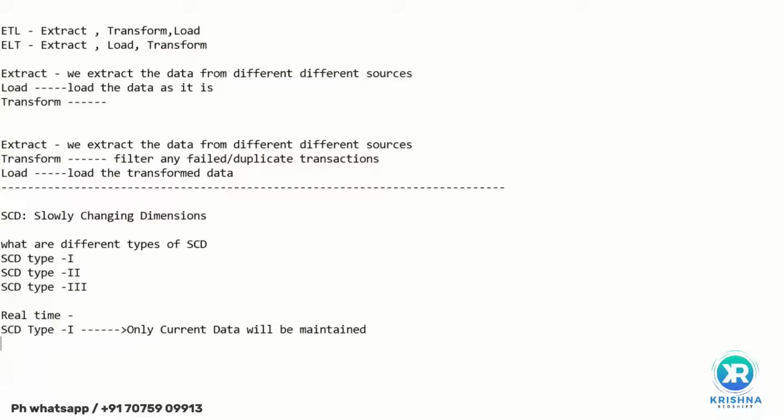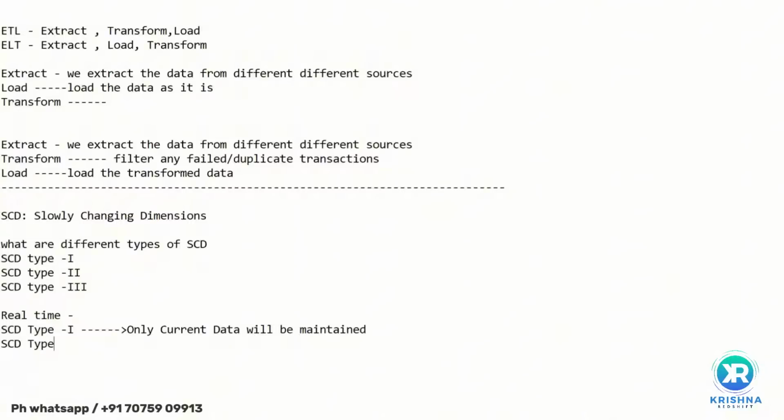You don't store yesterday's data or the day before yesterday's. Similarly, tomorrow it will store only tomorrow's data. That means every day it will have only the latest data. That is called SCD type 1: it maintains only the current data, and current data means latest data.